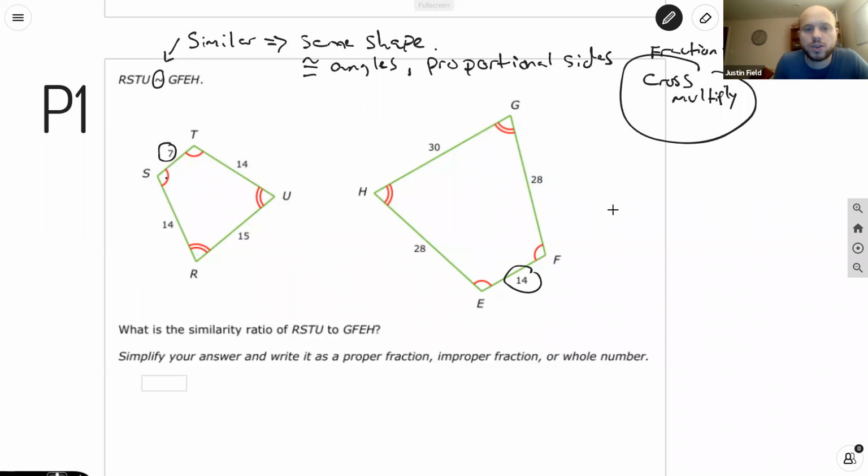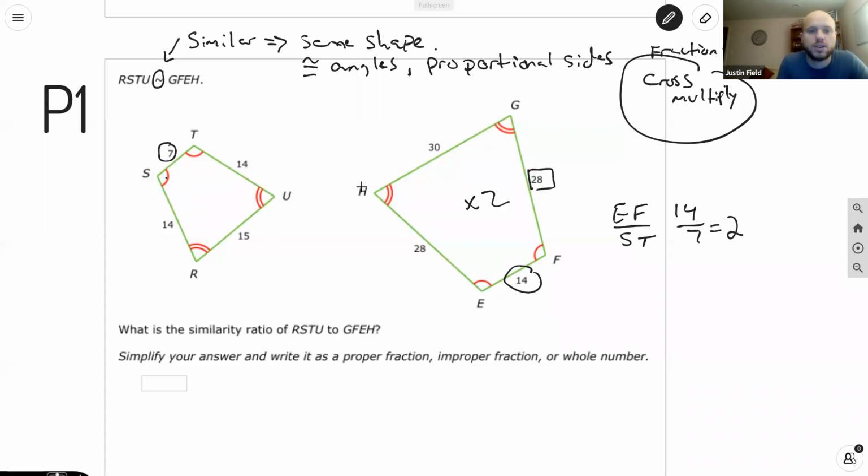If those are corresponding sides, then we can divide their side lengths, which would be 14 over 7, which is 2. Tells us that this trapezoid is times 2, right? And then we should see that on every side.